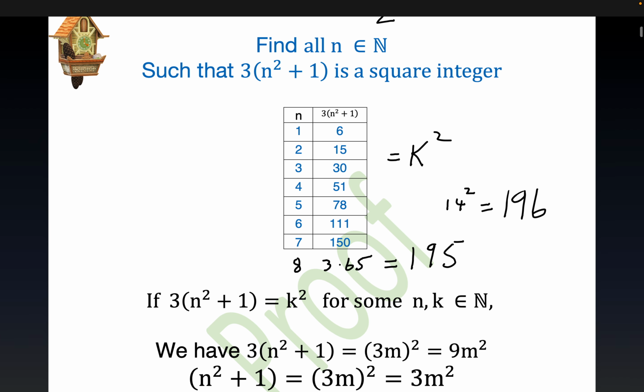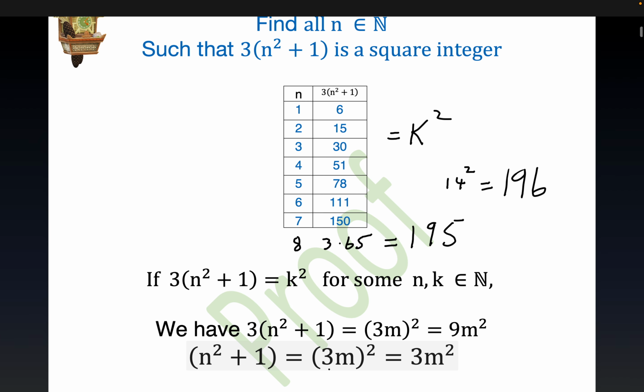Okay. Now, this is fairly routine. This problem right here is true. The only way that k squared can be a multiple of 3 is if k is equal to 3m for some m, some positive integer m, right? That's the only way that can possibly happen.